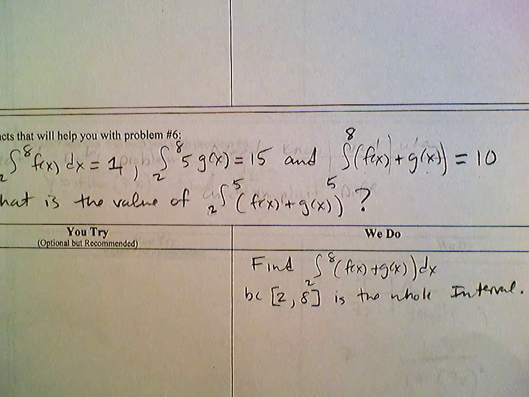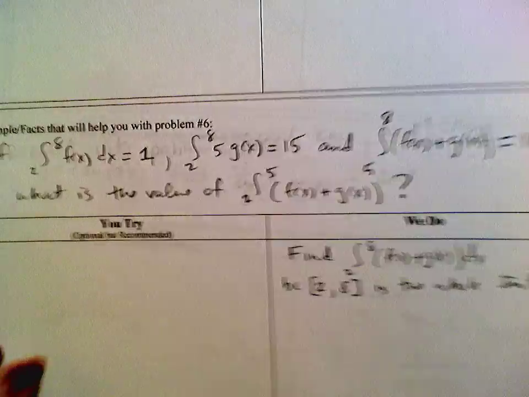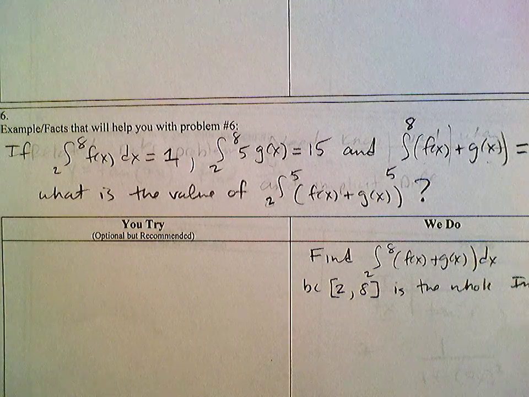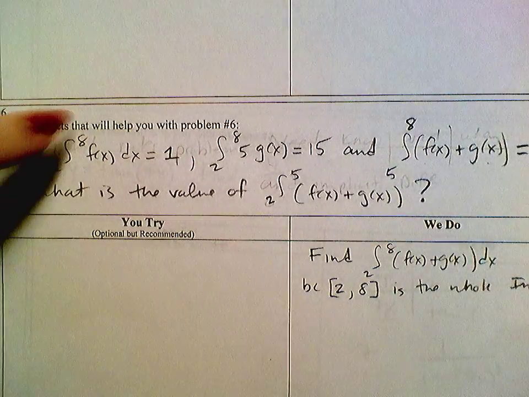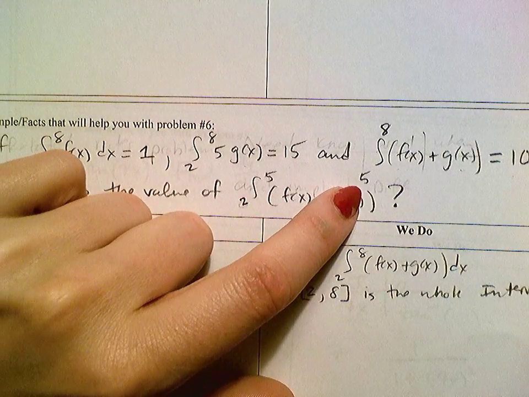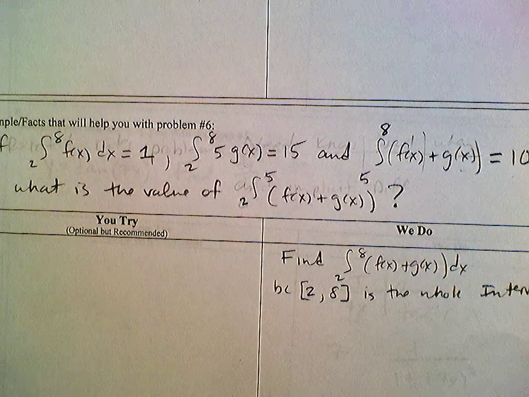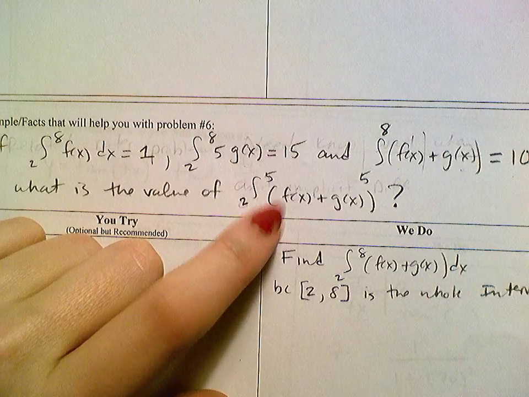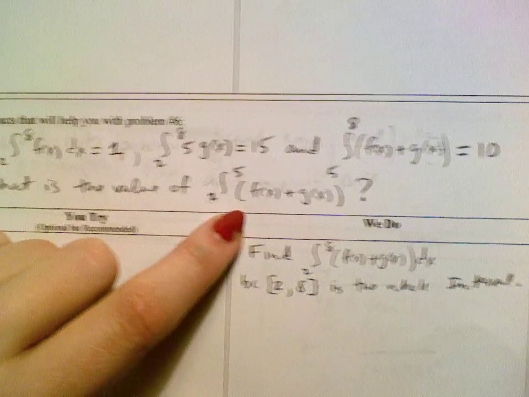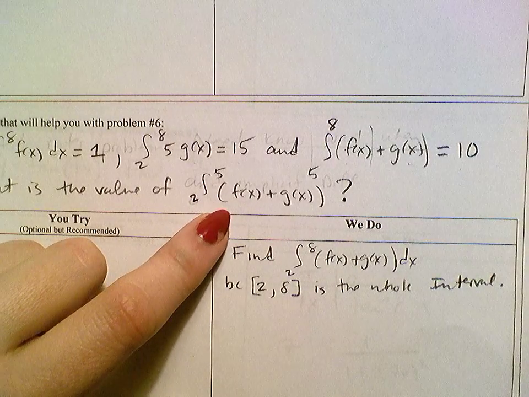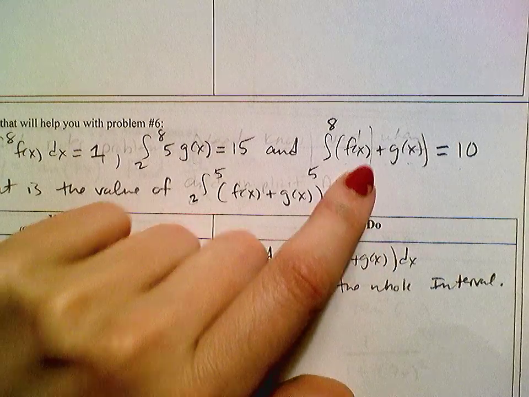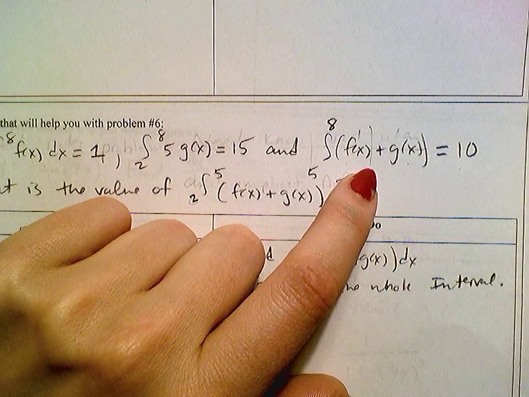Well, first you've got to look at these intervals. And you've got to say to yourself, which intervals are the parts and which interval is the whole thing? 2 to 8 is the whole interval. 2 to 5 is one part of it, and 5 to 8 is another part of it. So you're being asked to find a part of this overall area, and you're given already the other part of that overall area.